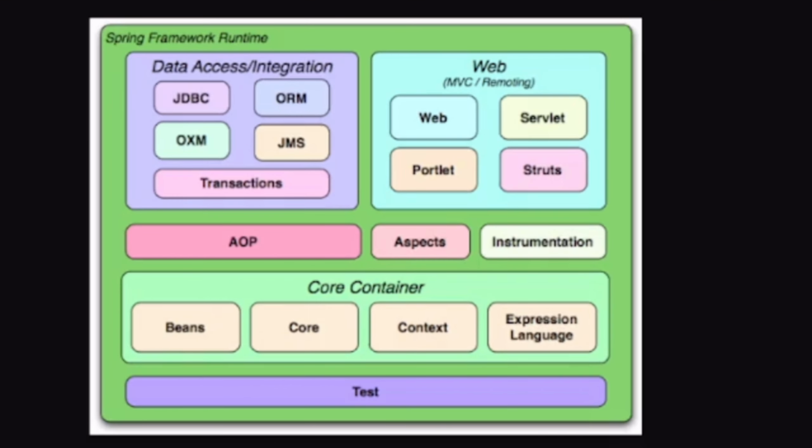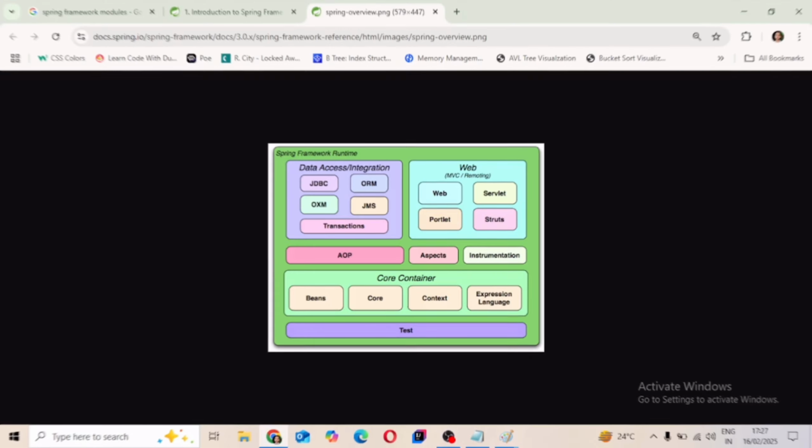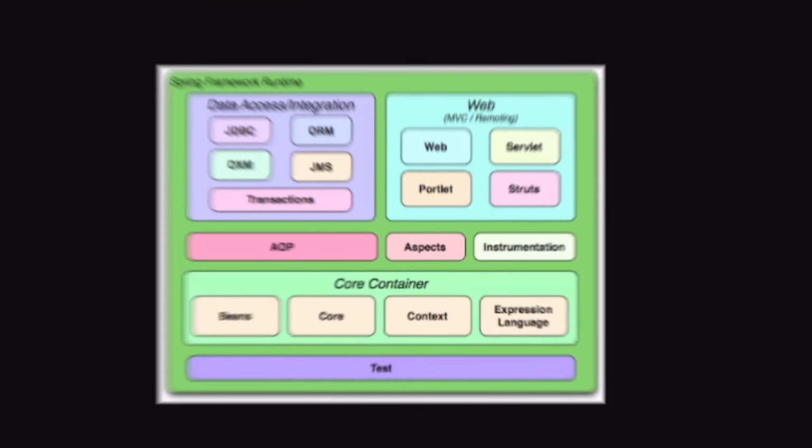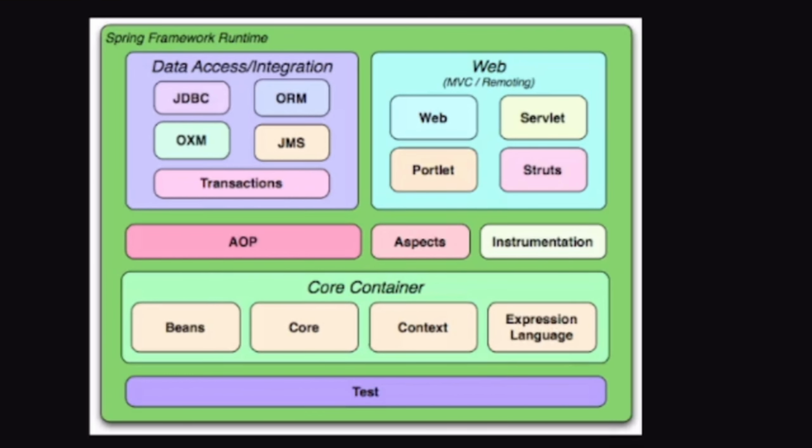First, the core container. The core container contains bean, core, context, and expression language. Bean is basically an object of a class that we can create.